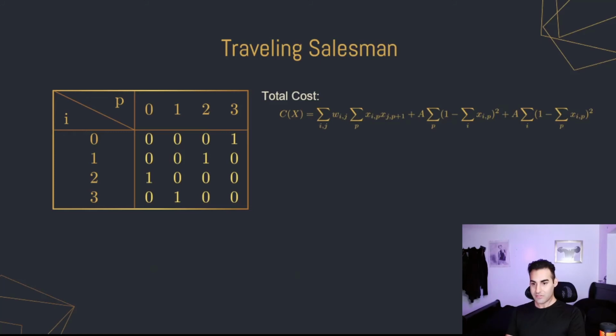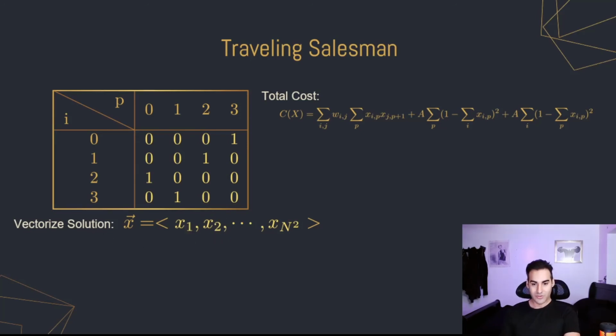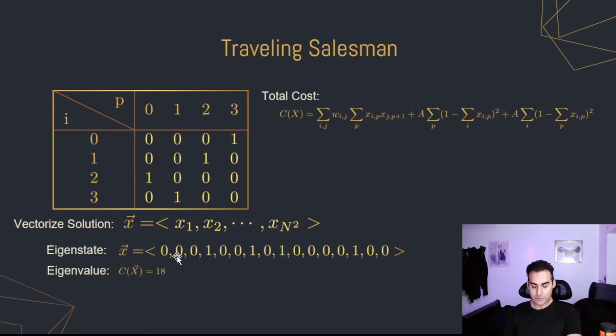Now, with the cost figured out, all we need to do is turn our matrix here into a vector like this, where each row is going to correspond to an element within my vector. So this first row here will be assigned to x1, and then the second to x2, and so on, to produce this vector and the corresponding value that goes with it.